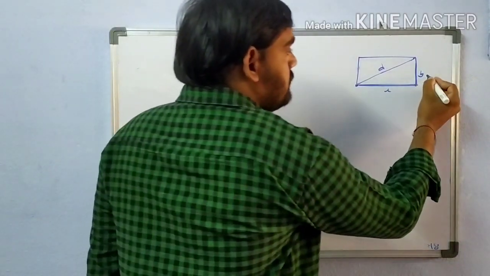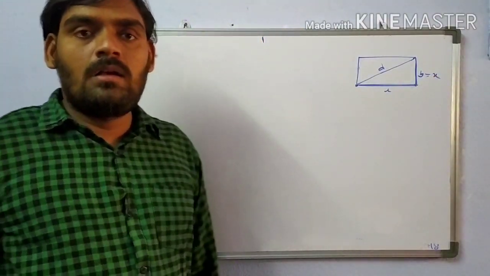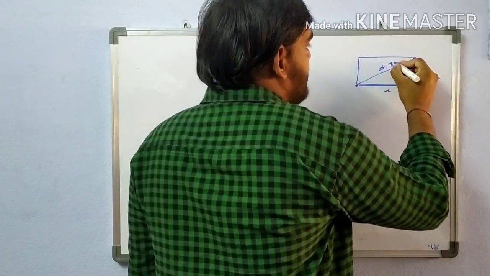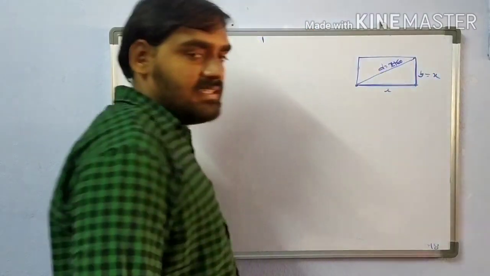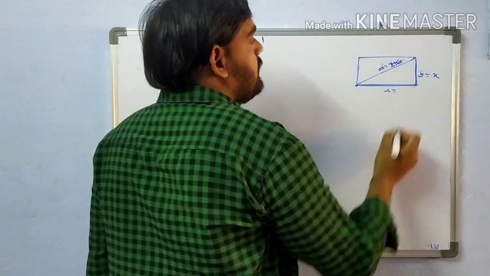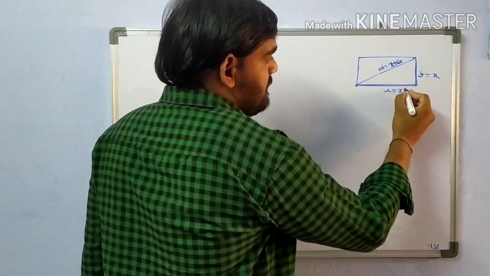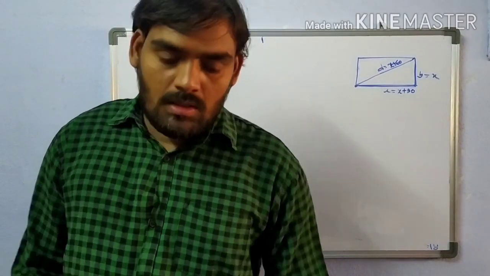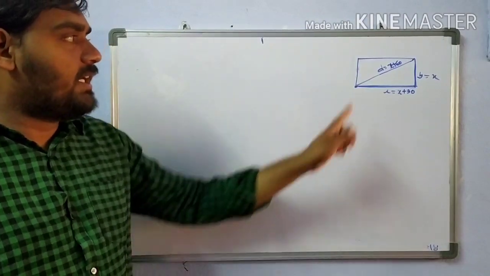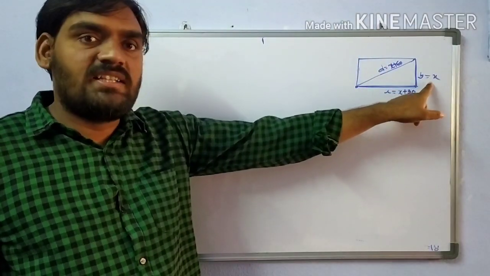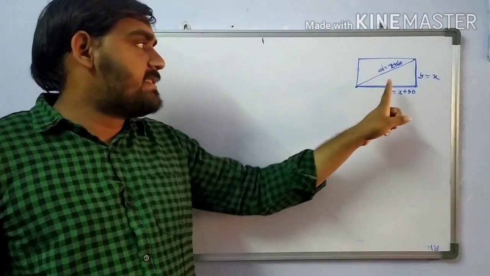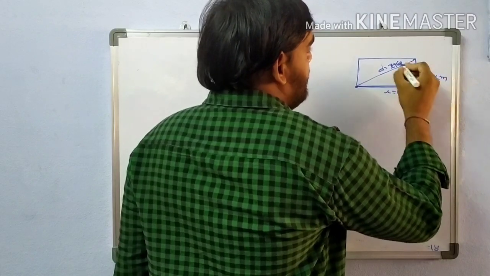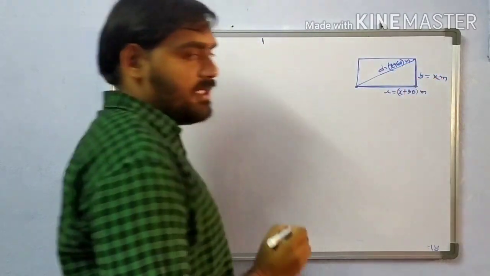Suppose B equals X, meaning the shorter side is X. Then the diagonal D will be X plus 60 meters, and the larger side will be X plus 30 meters. So D equals X plus 60 and L equals X plus 30.